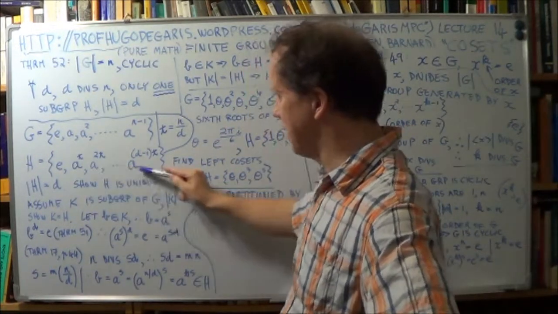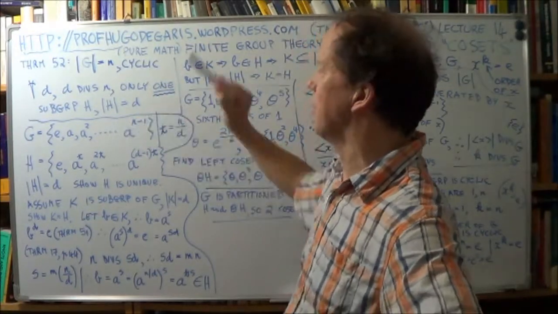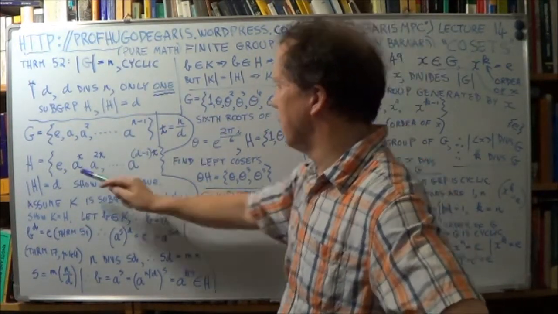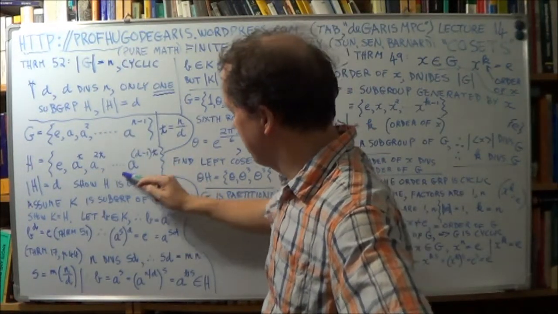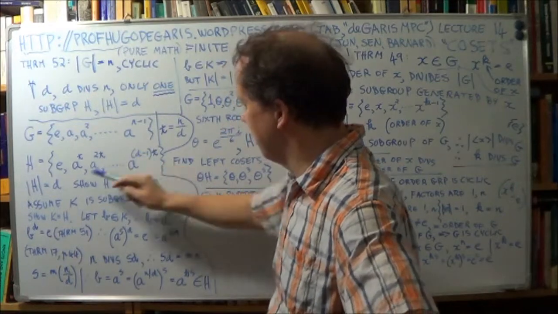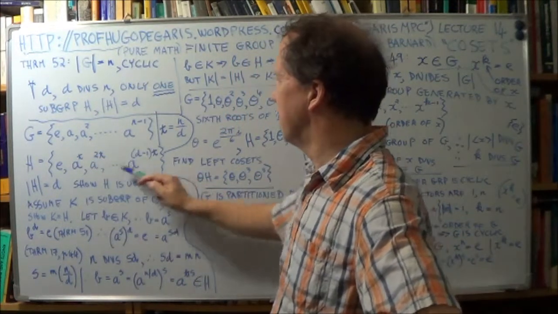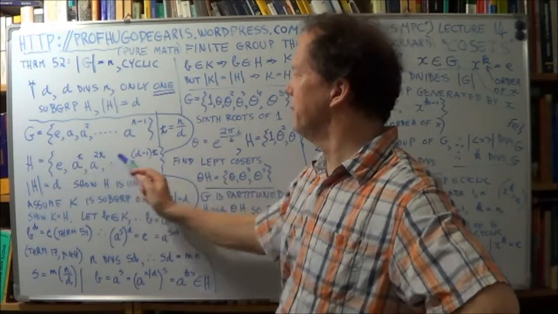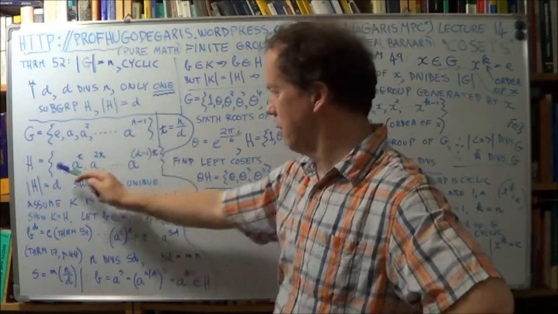Now you can see this is a subgroup of this, because this t would be here somewhere, and 2t somewhere else further along. Right? Now, how many elements here? Well, you've got that one, that gives you d minus 1 of them, plus one more, so you get d. So the order of your H here is d. Right? So you have got yourself a subgroup of order d. Right? There it is.